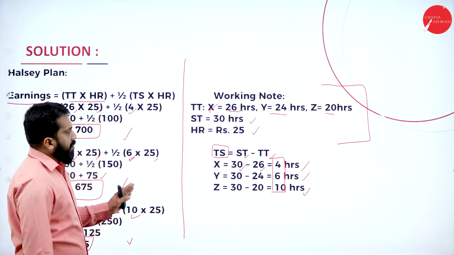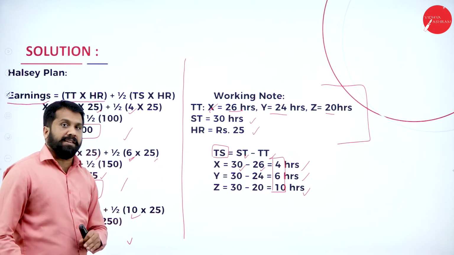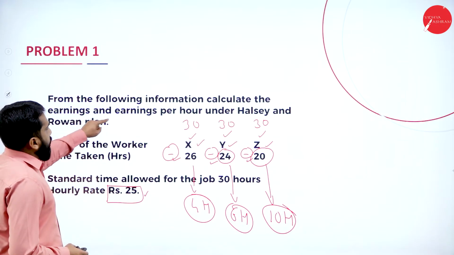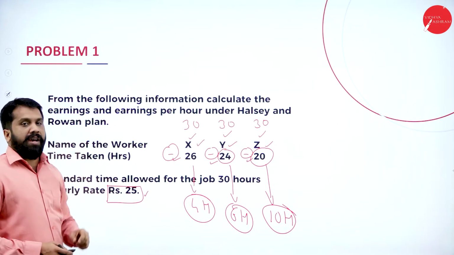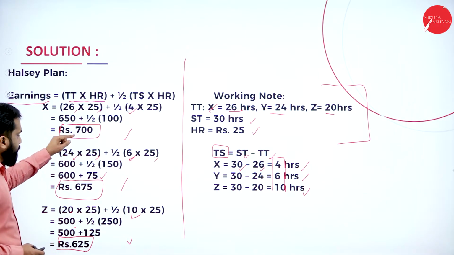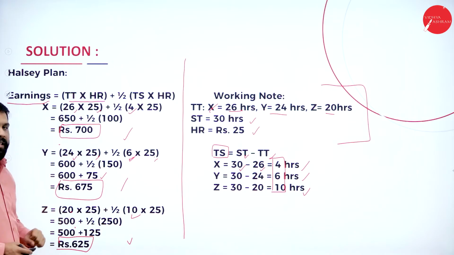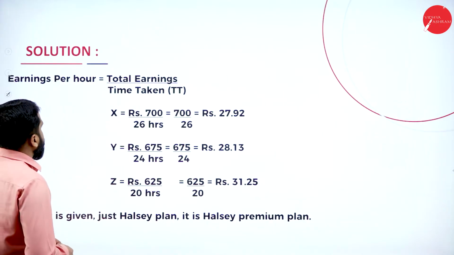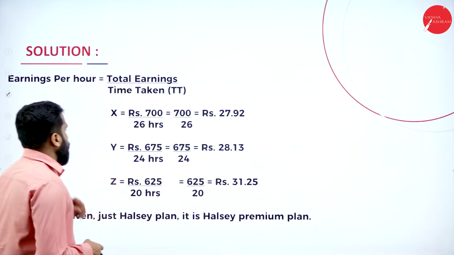Now, these are the wholesale plans we completed, but still we have more. Why? Because earning and earning per hour also we have to find out. Whatever we have calculated, your earning is 700, 675 and 625. Now, earning per hour.